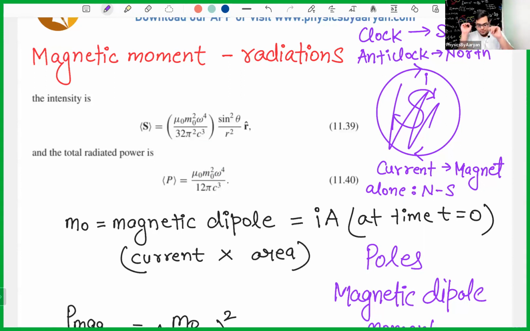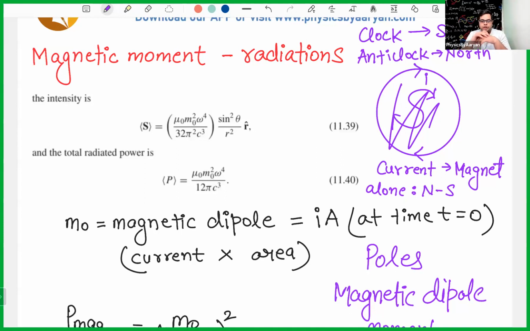Any doubts, anyone? Clear, everyone? This formula is important. And why are these radiations coming? Because the magnetic moment is changing with time.